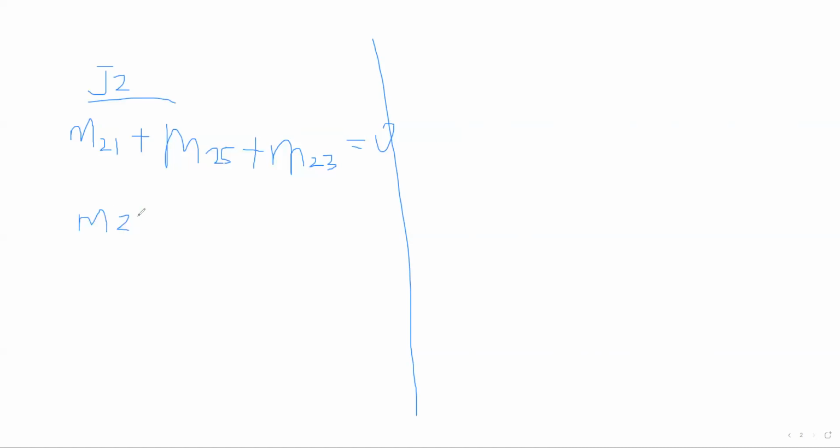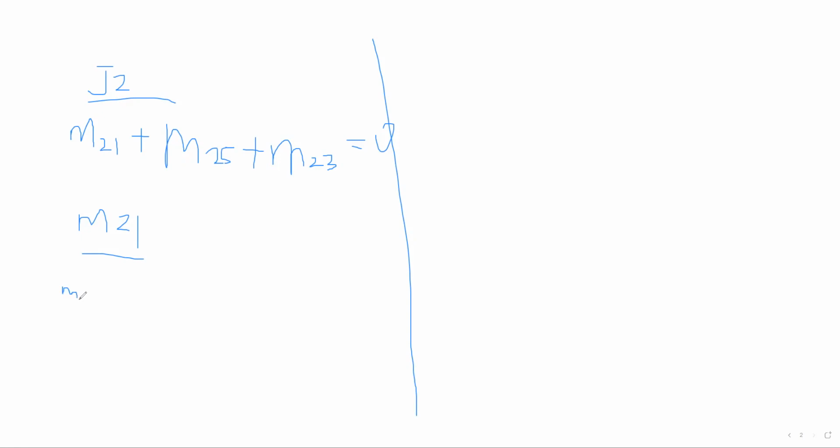Let's go on. We do them separately, then we put them together. So M21, do you see that there is no load passing through the 21 member? Yes, and the far end is also fixed.